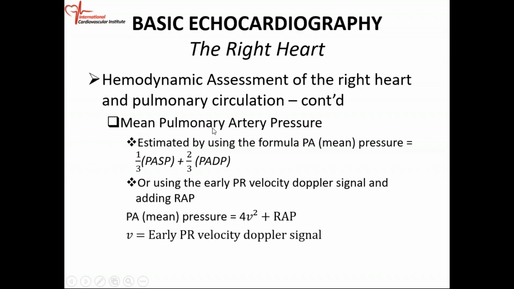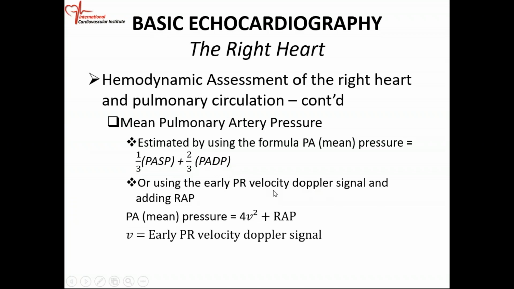But you can get the mean PA pressure by using 1/3 the systolic pressure plus 2/3 the diastolic pressure. So once you calculate your systolic PA pressure and your diastolic PA pressure, the mean PA pressure is 1/3 systolic plus 2/3 diastolic. Or you can calculate it directly by using the early PR velocity.